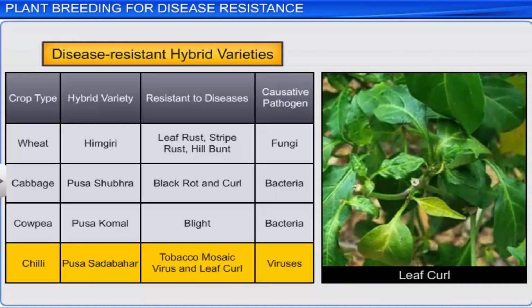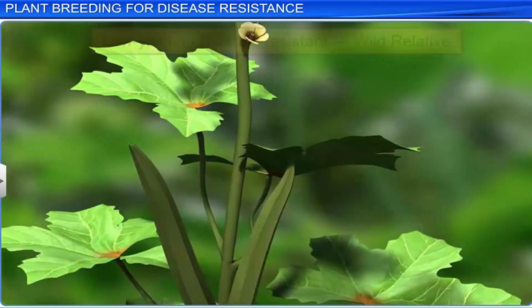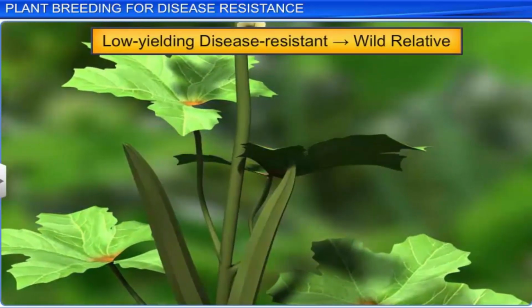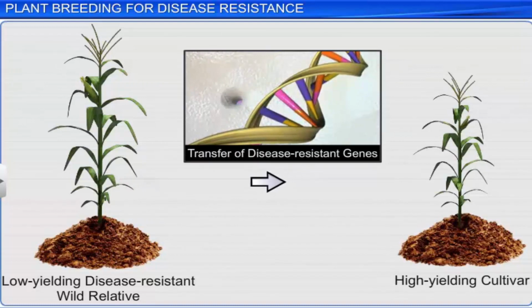The only drawback of these disease-resistant wild relatives is that they are low-yielding. So, the disease-resistant genes from these wild relatives need to be transferred to high-yielding cultivars.